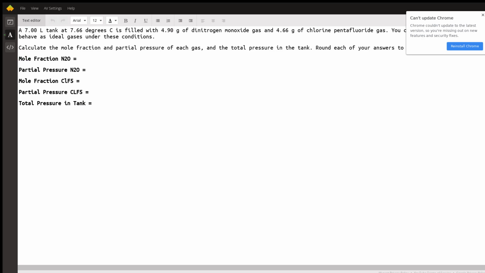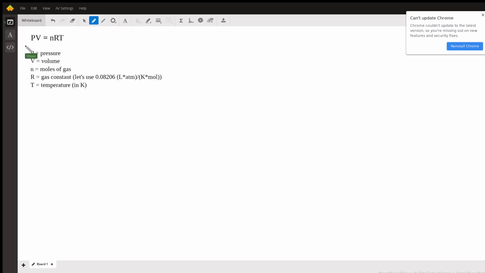First, we need to convert the temperature of 7.66 degrees Celsius to Kelvin. Every time we go from Celsius to Kelvin, we just add 273 to the numerical value of the Celsius.